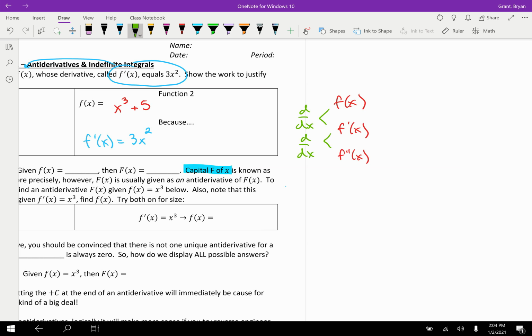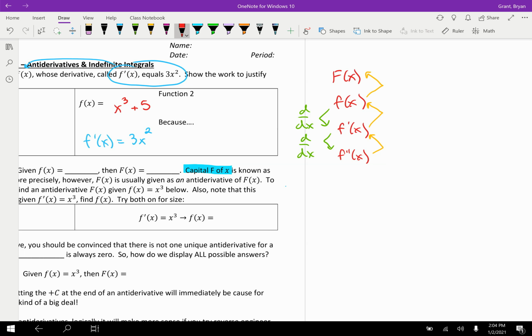Well, then that is of course moving maybe down this ladder. We could also move the other way, and we don't have a symbol yet of how to move the other way. We'll see that in a bit, but from f double prime, the antiderivative would be f prime. From f prime, the antiderivative is f of x. And then, of course, from f of x, the antiderivative would be capital F of x.